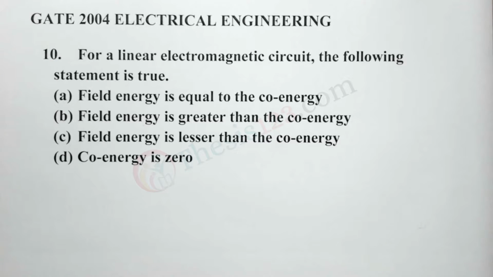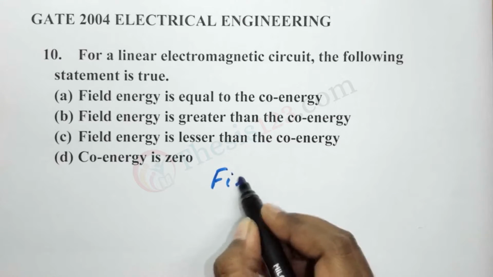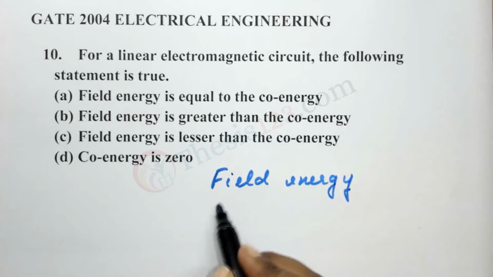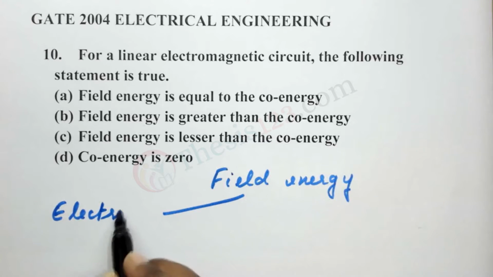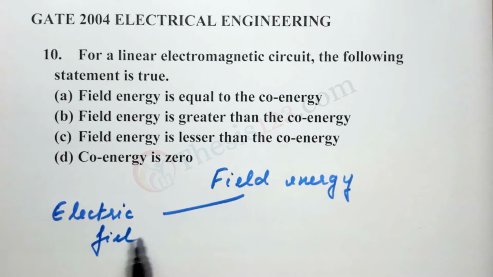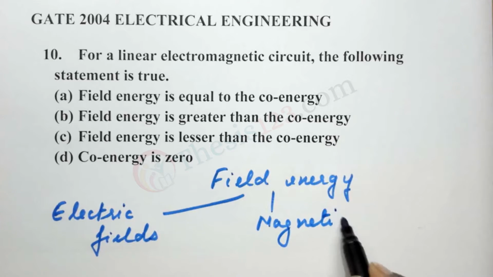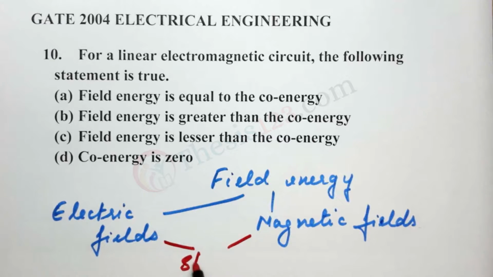Now, we know that for any circuit or any type of field, the field energy is a description of both the electric field and the magnetic field. Both of these types of fields store energy, isn't it?